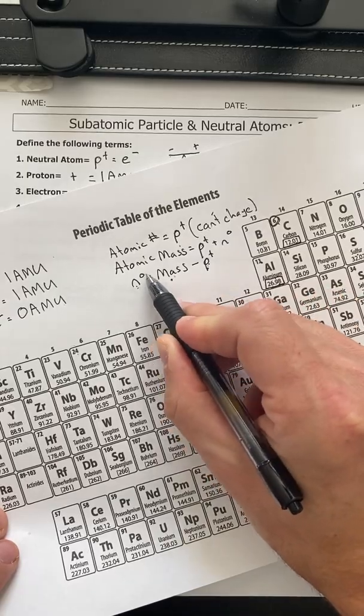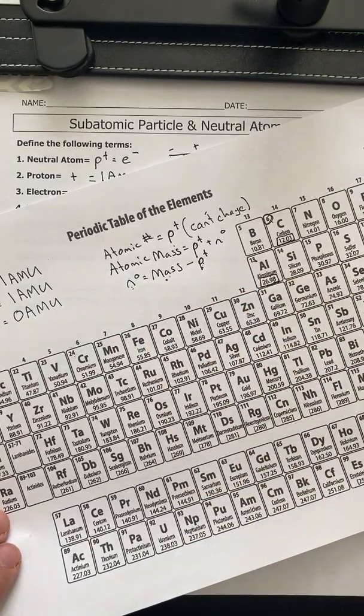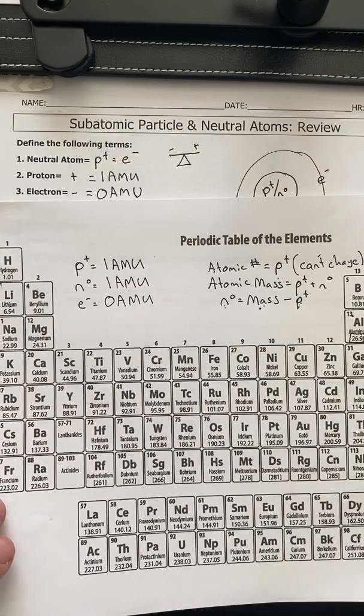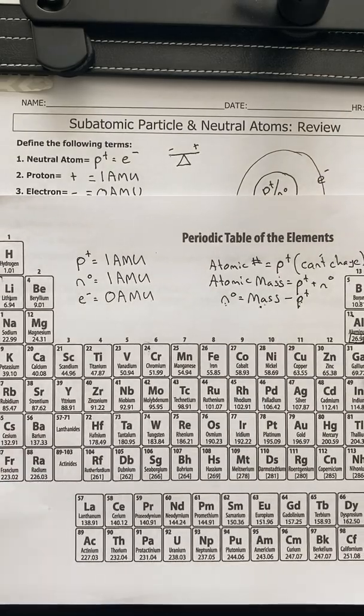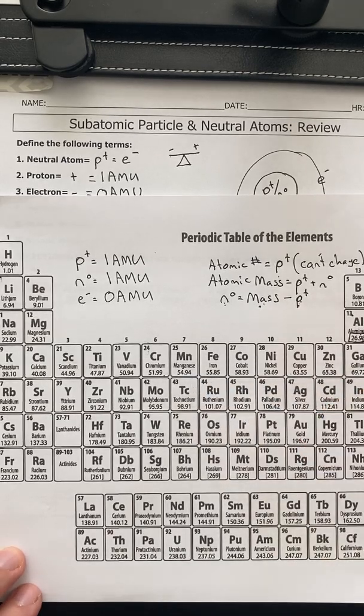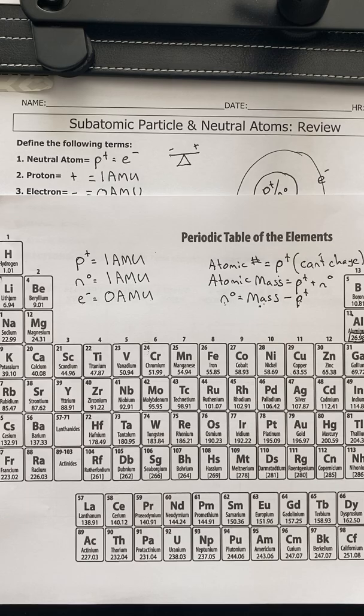Whatever you're left with gives you the neutrons. Another thing we discussed was that you want to round this mass. I'll get into why there's a decimal leftover on each of these at a later date. But for right now, you can't have a fraction of a proton or an electron or a neutron. You either have a whole one or you don't.